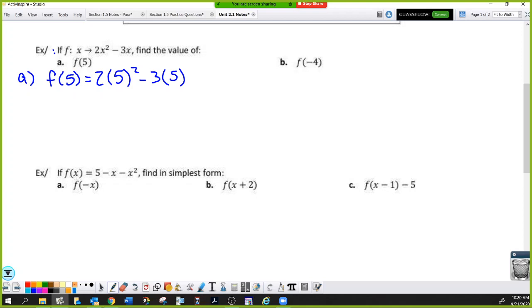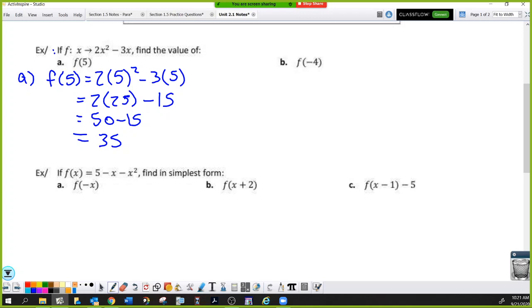Just wherever there was an x, you replace it with a 5. Just watch your order of operations and you'll be okay. So does it give us 2 times 25? Minus 15. 50 minus 15. Oh, 35. Okay, cool. Yeah, 35.